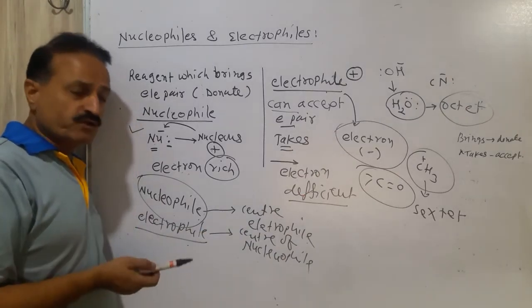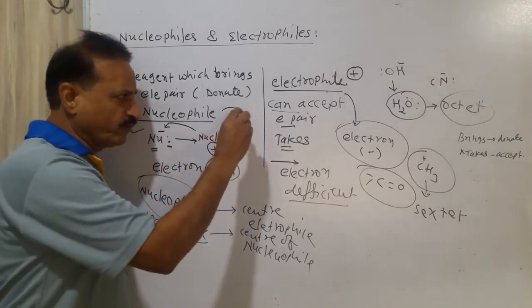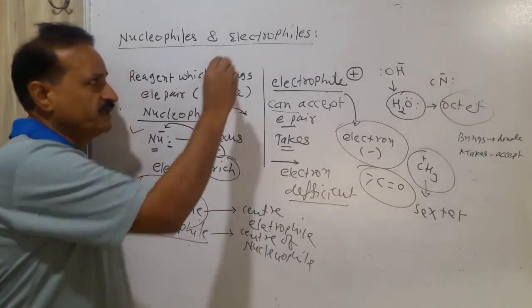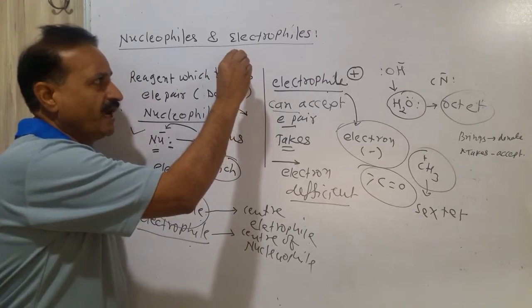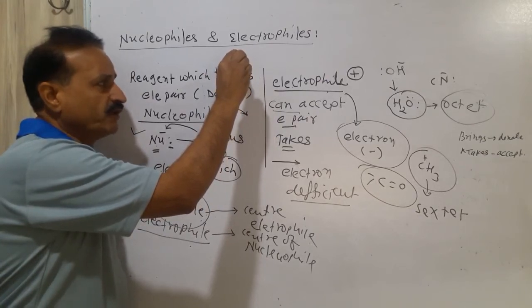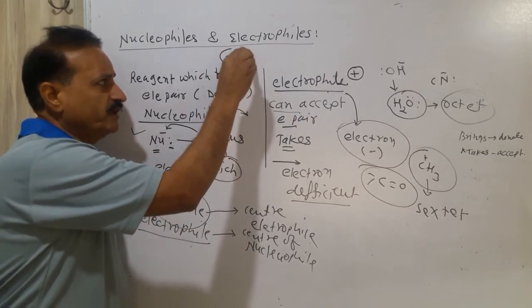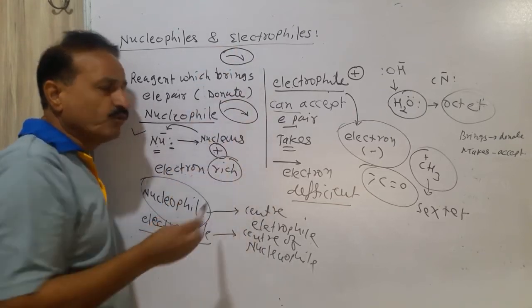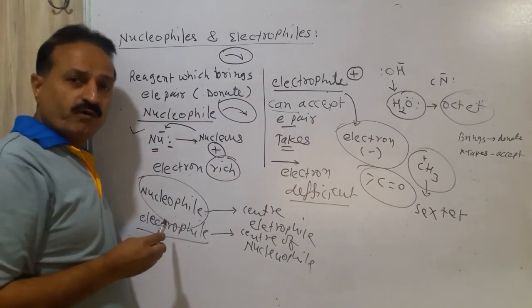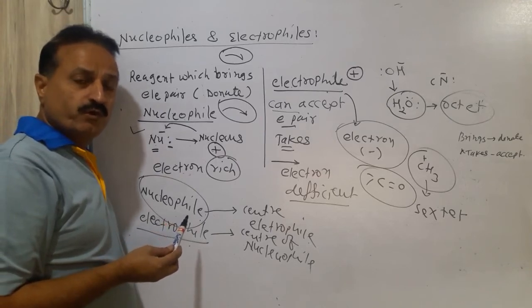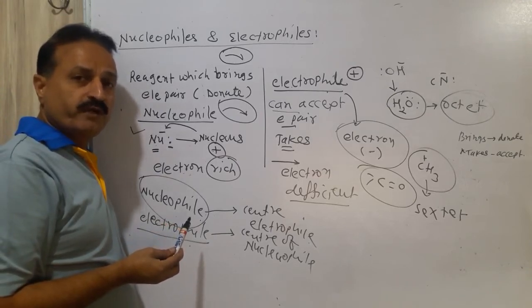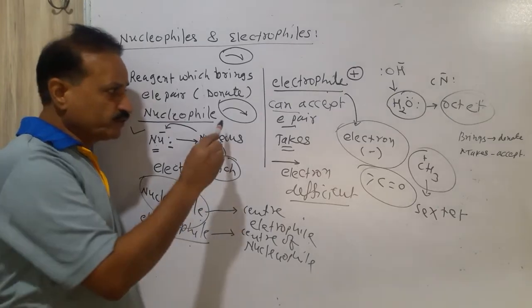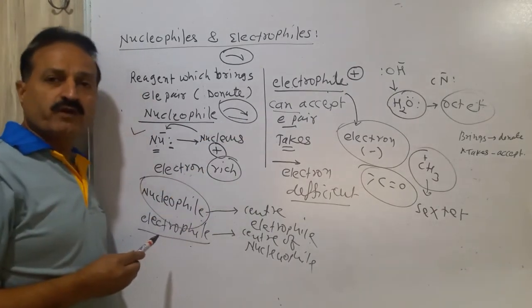And transfer of electron pair is shown by the curved arrow. This is a half-headed curved arrow, it is for the free radical, and this is the electron movement from electrophile to nucleophile or from nucleophile to electrophile, and it is shown by curved arrow.